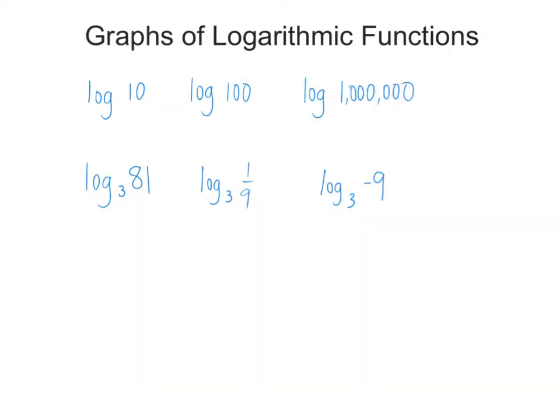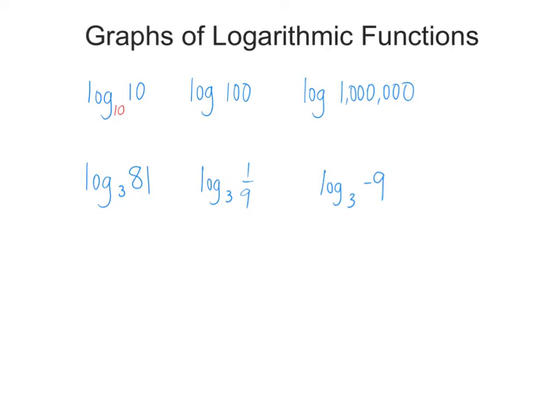Before we get to some more graphs, let's just do some basic log calculations. First of all, if you just see log with no base written down there, it's assumed to be log base 10. It's kind of like square root. This is the square root of x. There's a little implied 2 right there that I don't see. Same goes with a log base 10.